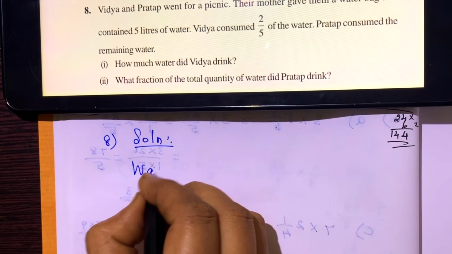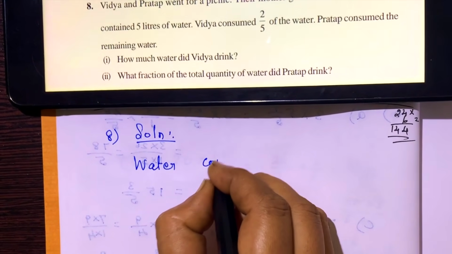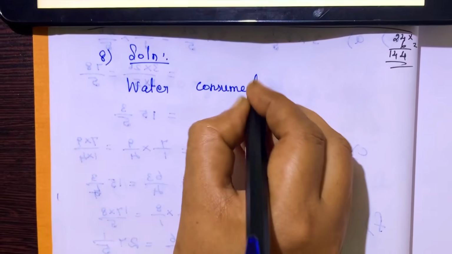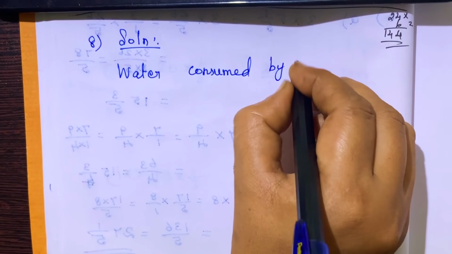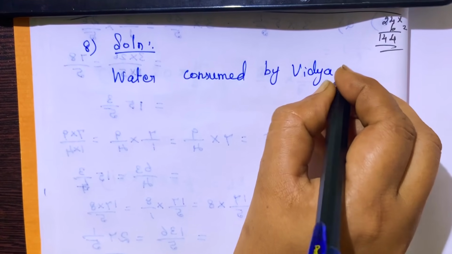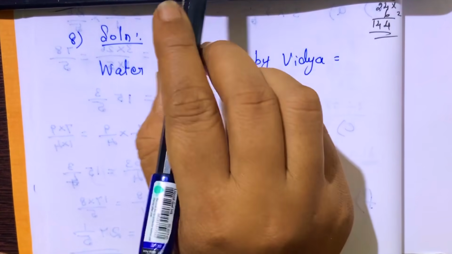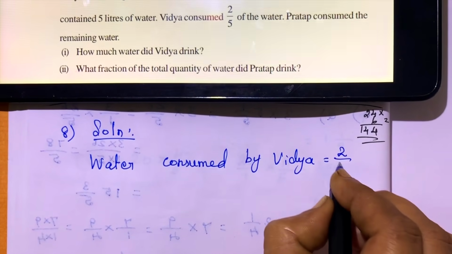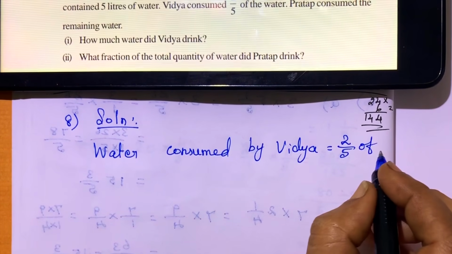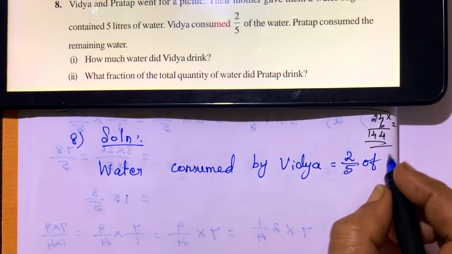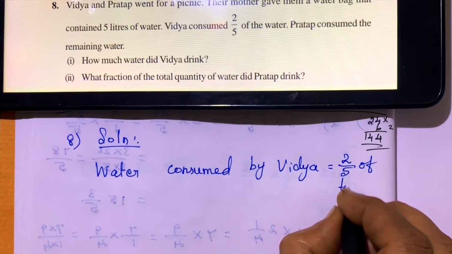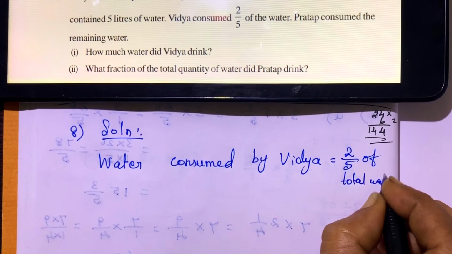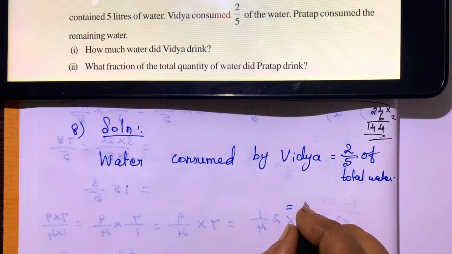So water consumed by Vidya is equal to, they have given 2 by 5 of the total water. Total water you know very well.